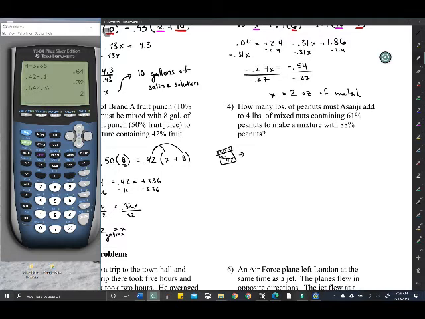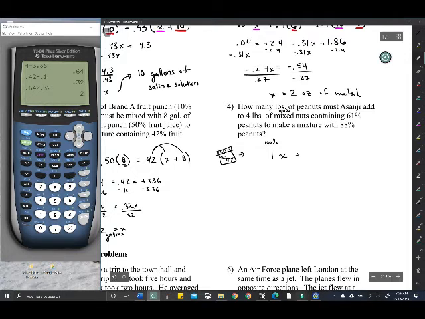Okay, so how many pounds of peanuts? So in this case, peanuts, that's our variable. And we're dealing with a mixture of 100%. Okay, if it's all peanuts, then it's just going to be 1. So 100% is also 1. Now, he's adding that to 4 pounds of 61% peanuts.